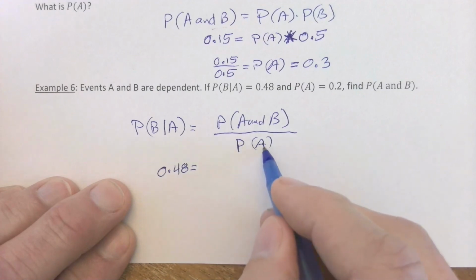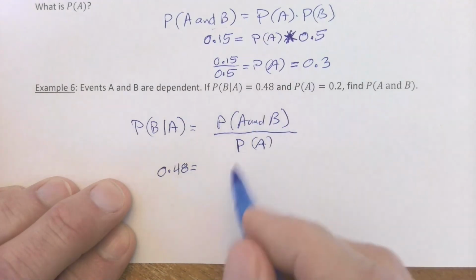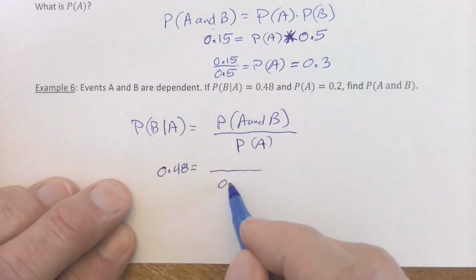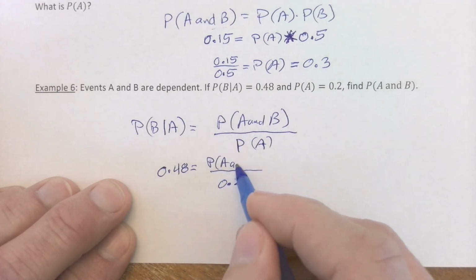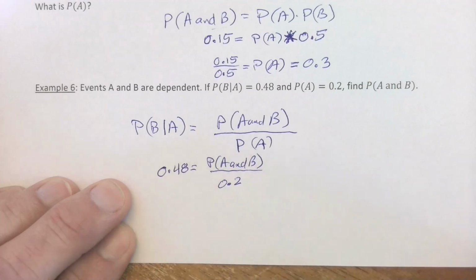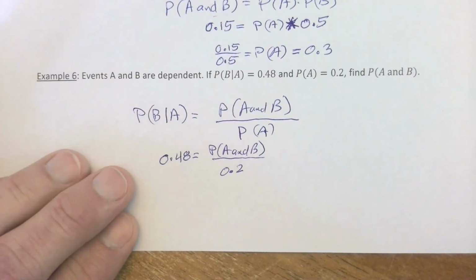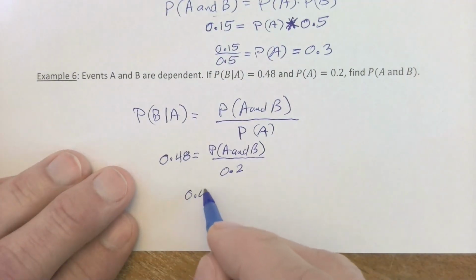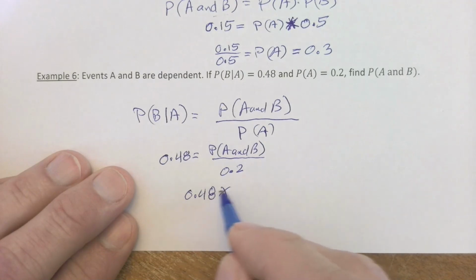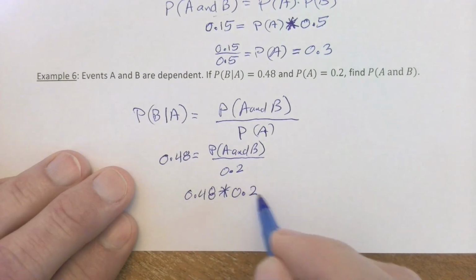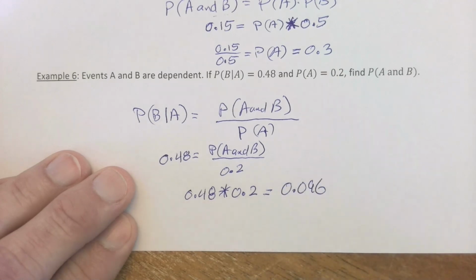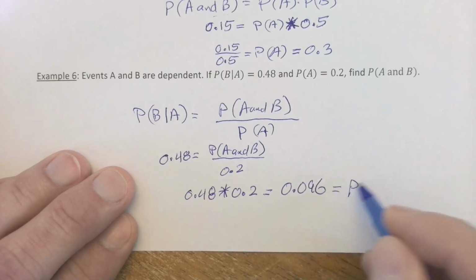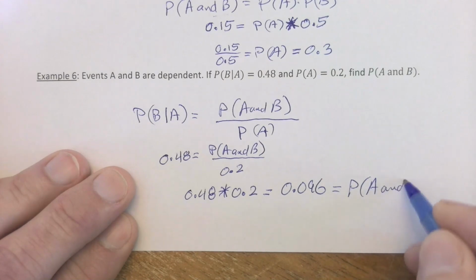We know the probability of A is 0.2. What we're trying to find is this joint probability. And the way we're going to do that is multiply both sides of this equation times 0.2. So we'll get 0.48 times 0.2, and that makes 0.096. And that is the probability of A and B.